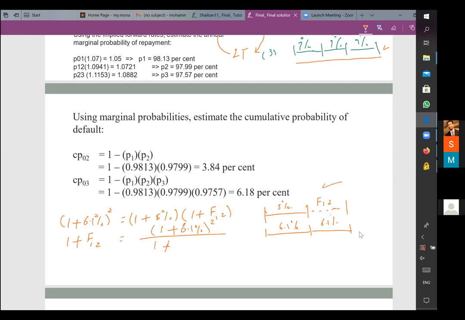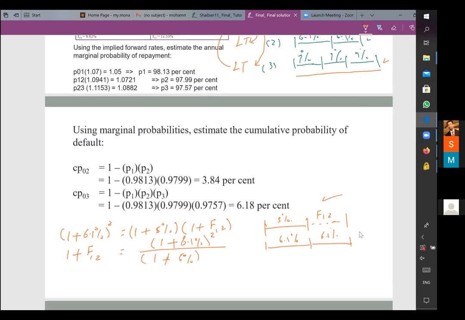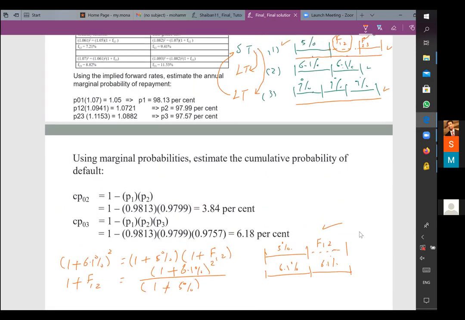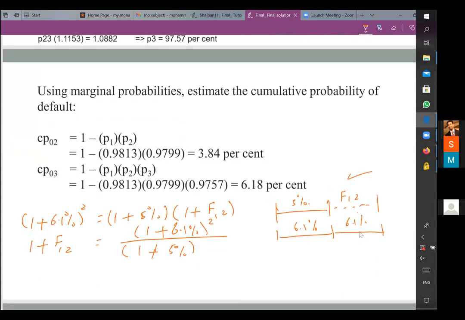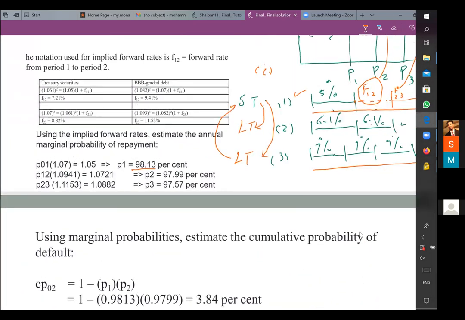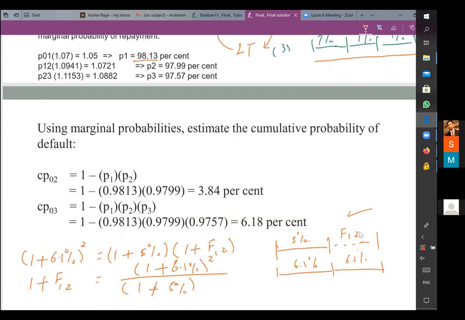I can get this one, which is 1 plus 5%, and as you can see, we get it here to be 98.13. So I can get it to be 721.